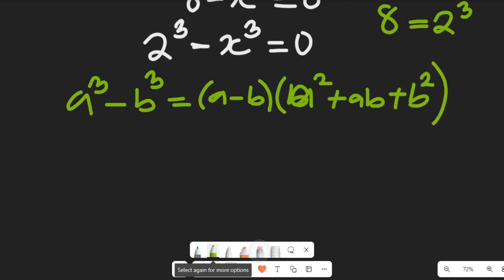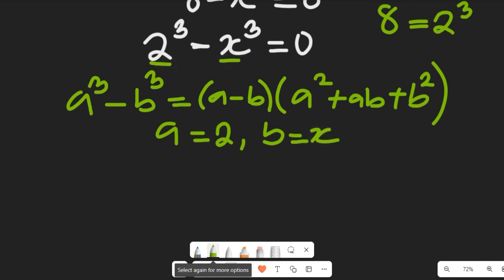Now, if you consider that expression very well, you're going to find out that the value of our a is equal to 2, and the value of our b is equal to x. If you compare it with this, great.